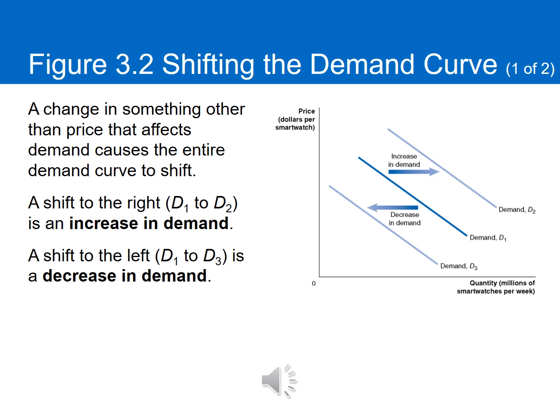For any given price, there is going to be a greater quantity demanded. Conversely, a shift to the left, moving from curve D1 to curve D3, is going to be a decrease in demand. So at any given price, there's going to be a lower quantity demanded.